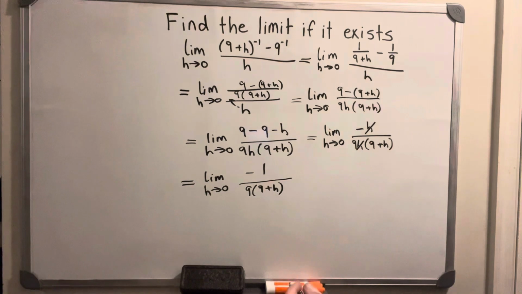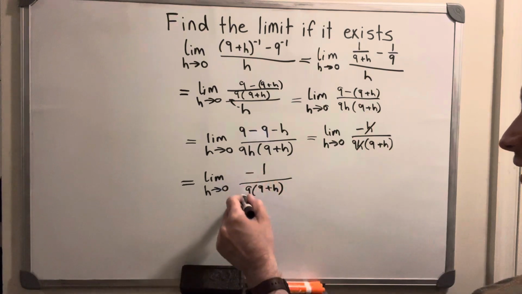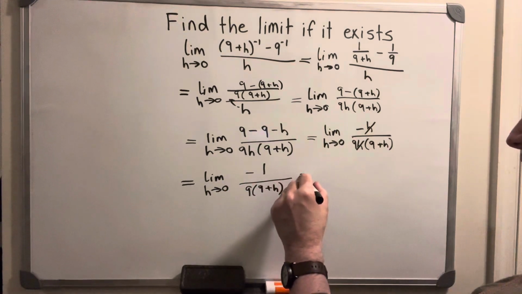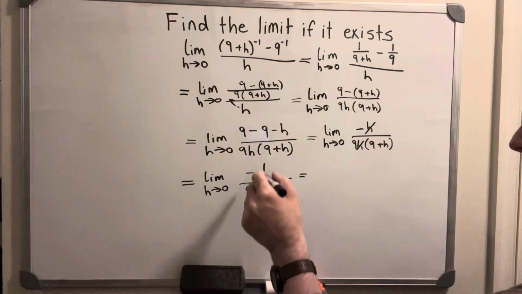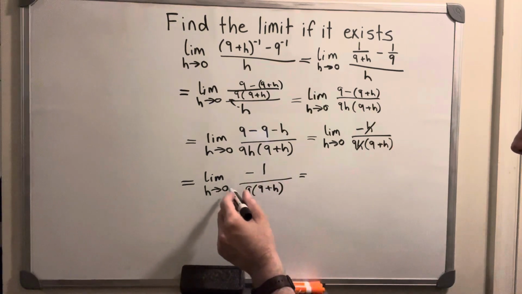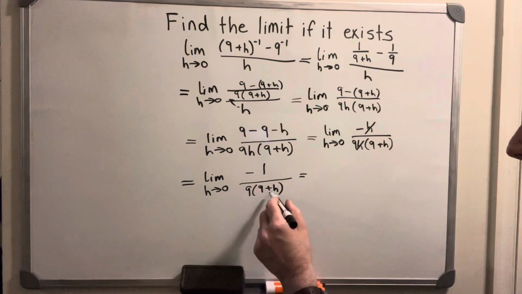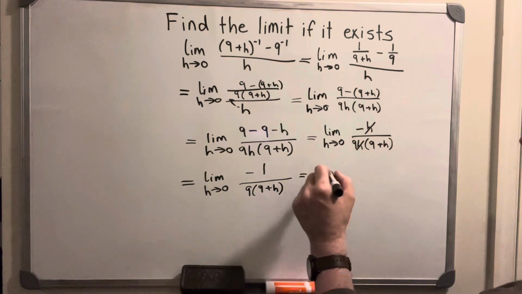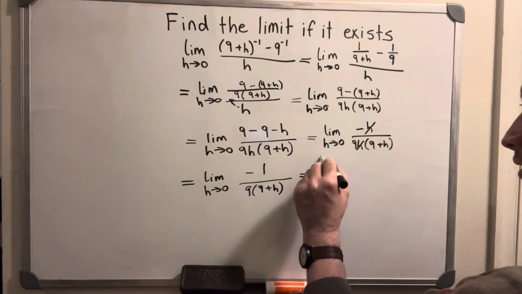Now we can apply the quotient theorem of limits. We can say that the limit of this quotient is equal to the quotient of limits because as h approaches 0, this function does not approach 0. So now it's okay to turn it into this.